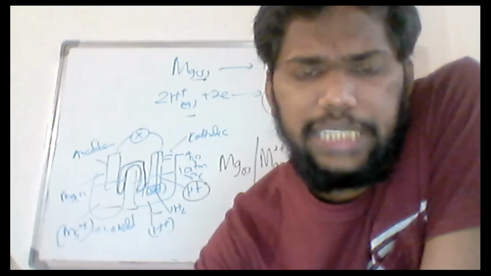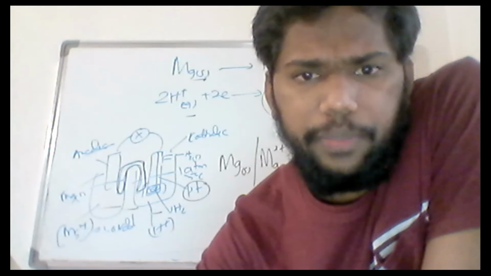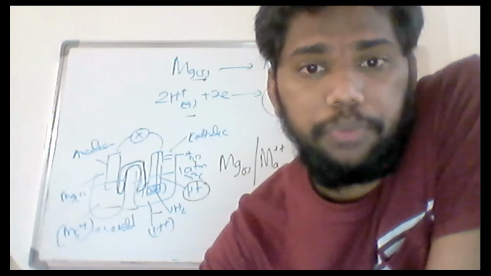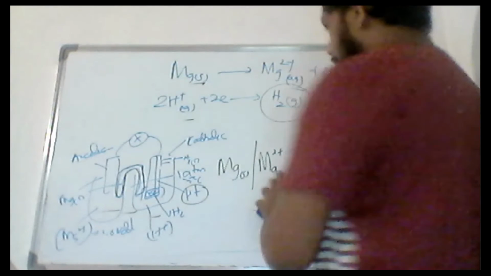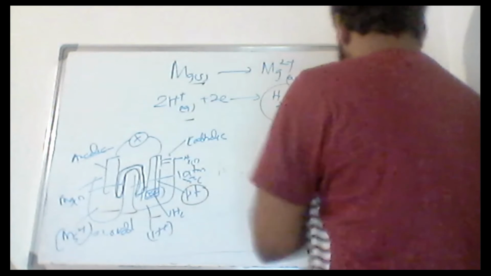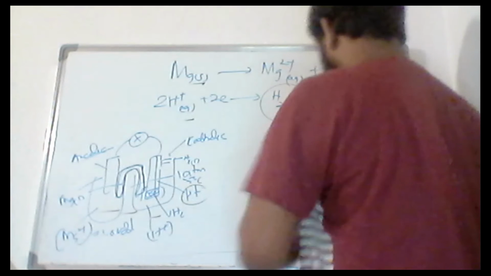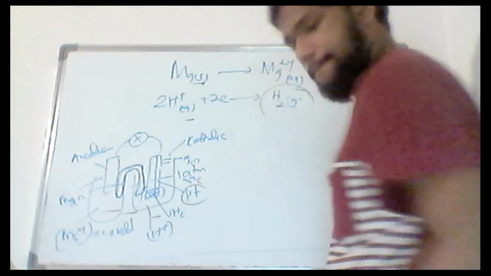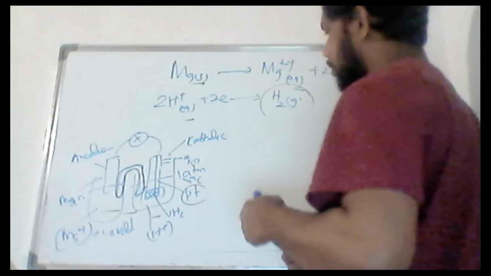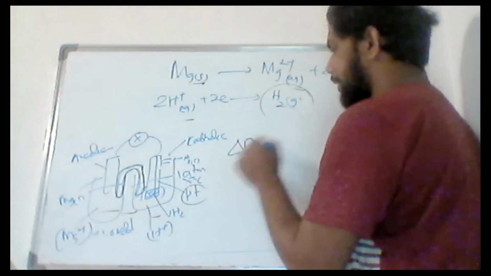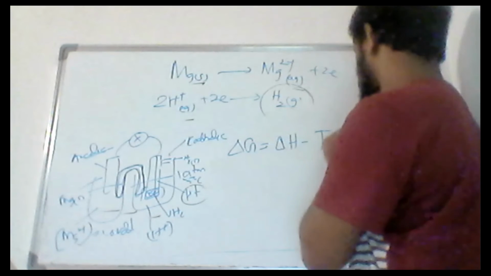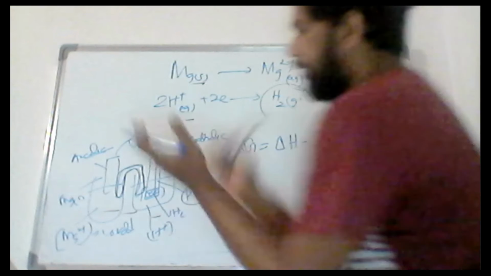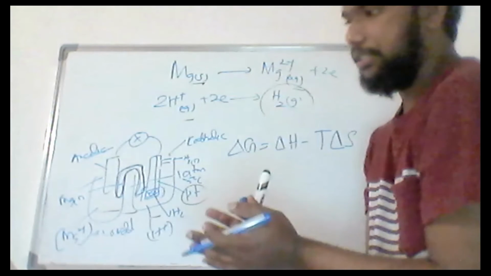What should be the relationship between enthalpy change and entropy change for the above reaction to be spontaneous? This is very straightforward, because according to our enthalpy, entropy, and Gibbs free energy equations, we have this equation: delta G is equal to delta H minus T delta S. So this reaction is spontaneous.